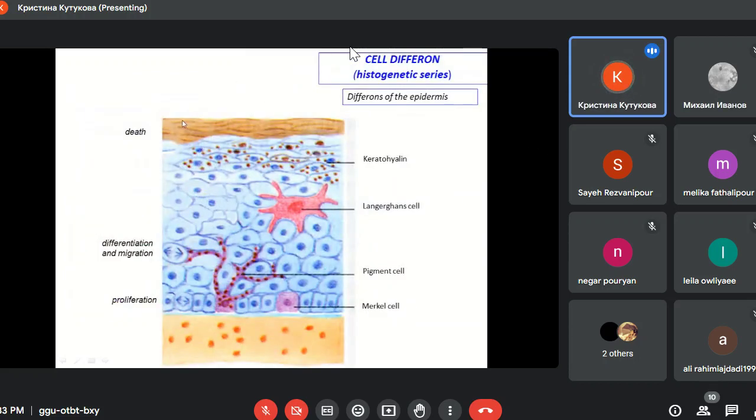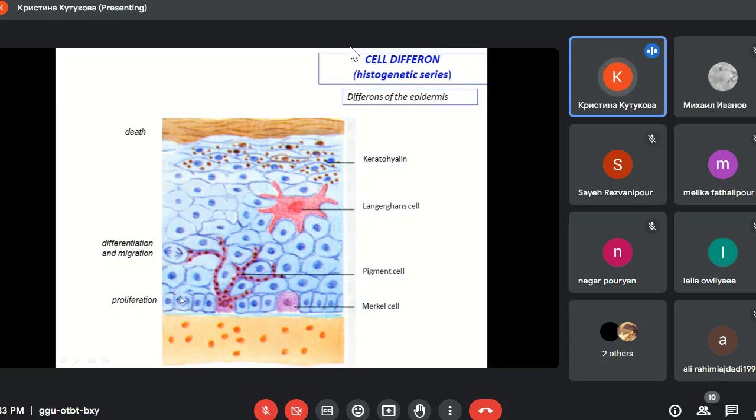Here we use the example of the skin to give examples of differons. The cell differon, or histogenetic series, consists of cells of the same type at different stages of development. These lightly bluish cells are the cells of the main differon of the skin epithelium, called keratinocytes.